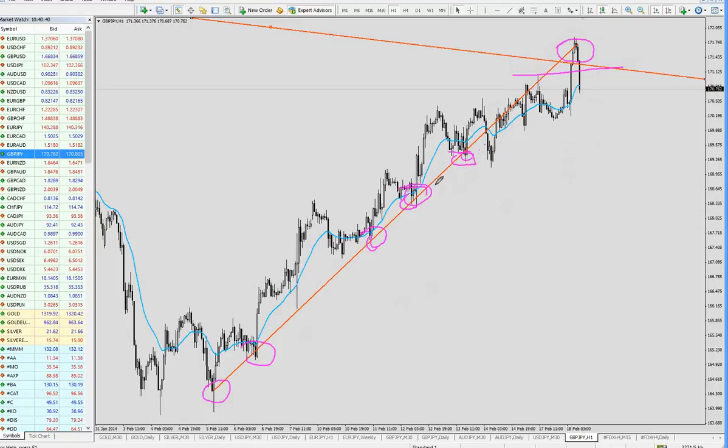But as you know, we don't like to have the exposure before a huge announcement, and CPI from UK is a huge announcement. It could have a huge effect for British pound, so we are patient, we are waiting, we are going to join later on.